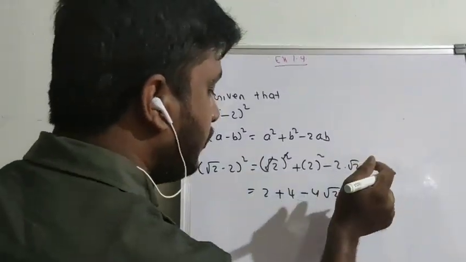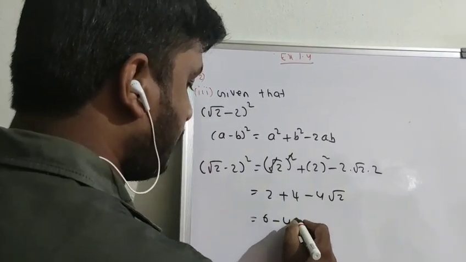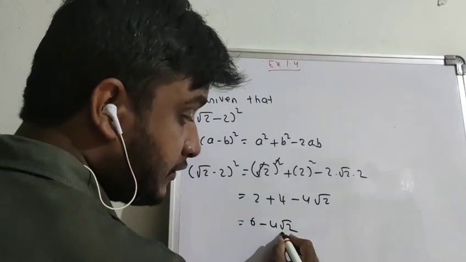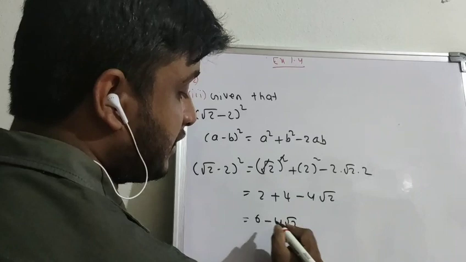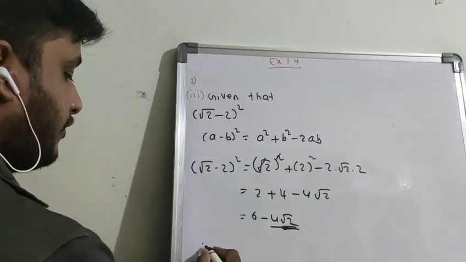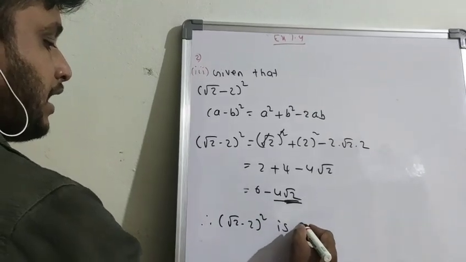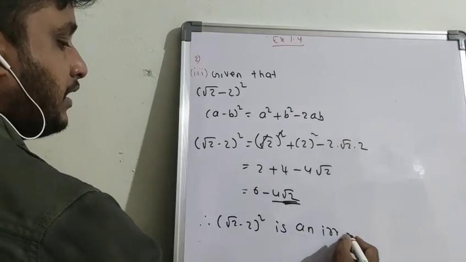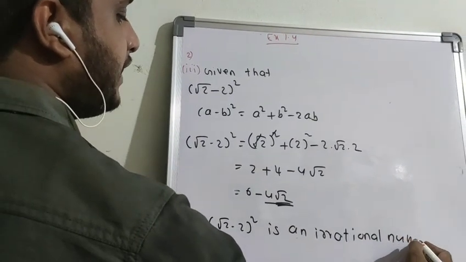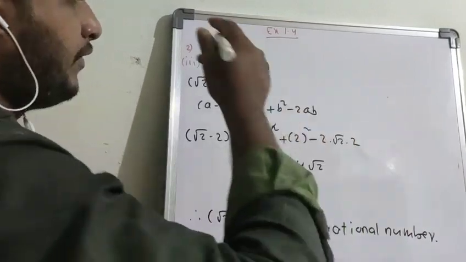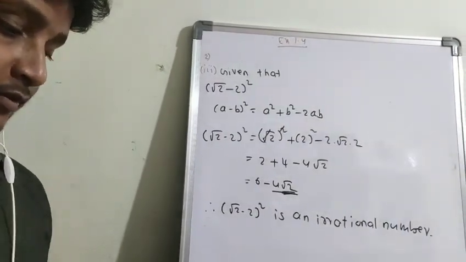Only outside, 2 into 2 is 4. So 2 plus 4 is 6, minus 4 root 2. 4 root 2 is an irrational number, and 6 is a rational number. Rational minus irrational is an irrational number. Therefore, (root 2 minus 2) whole square is an irrational number. You have to solve it first and then conclude whether it is rational or irrational.